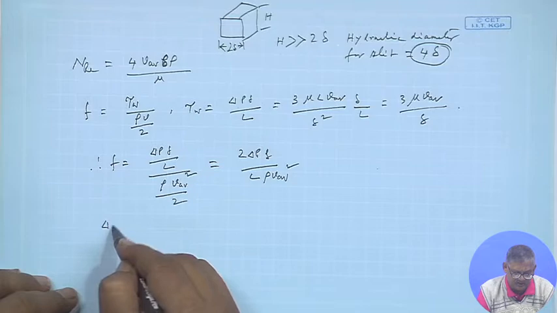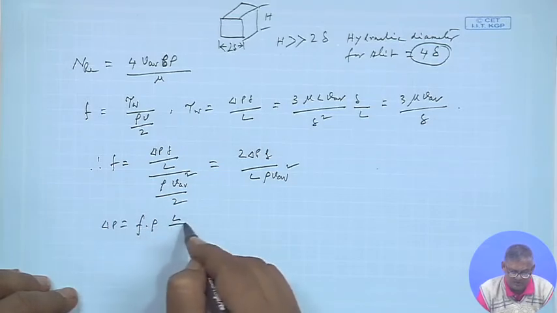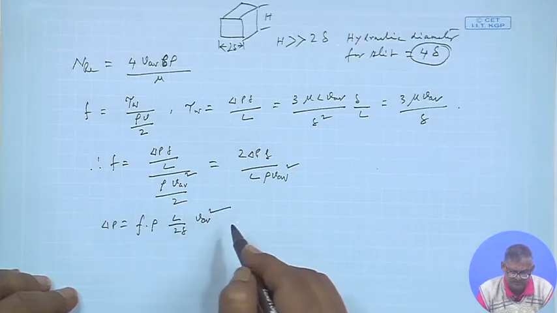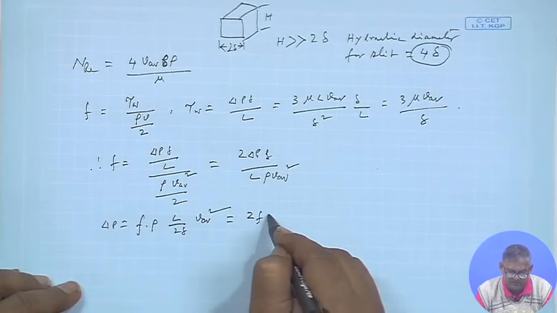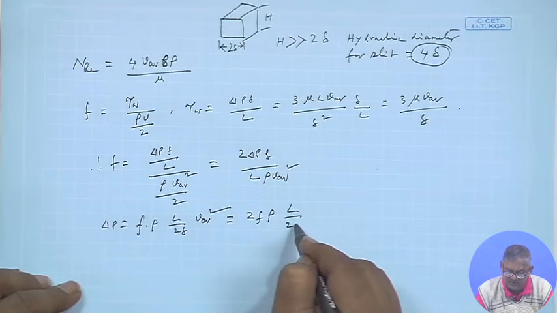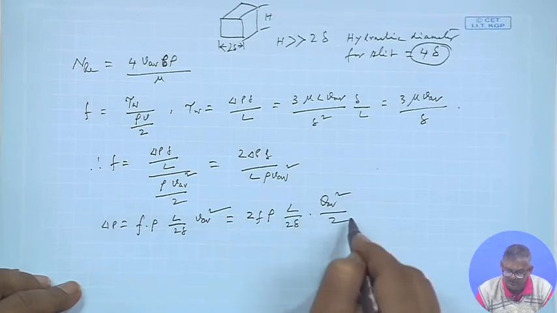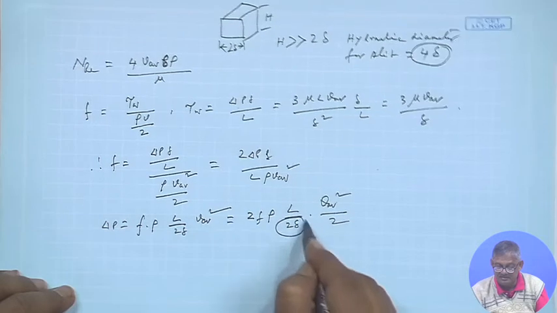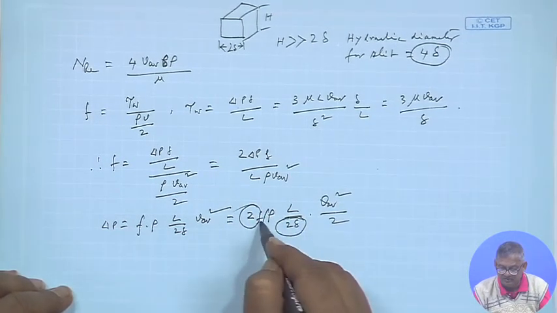Therefore, delta P can be written as 4 rho L by 2 del V average square, right. So this can also be written 2F rho L by 2 del into V average square by 2, right. Here it is 2 del, here it is 2, right.